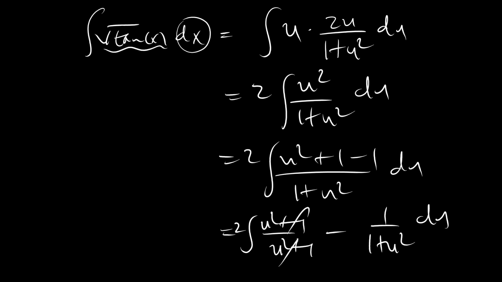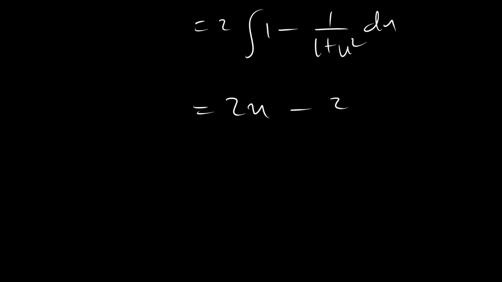So that cancels, and we do have 2 times 1 minus 1 over 1 plus u squared du, which is 2u minus 2 arctangent of u plus c.